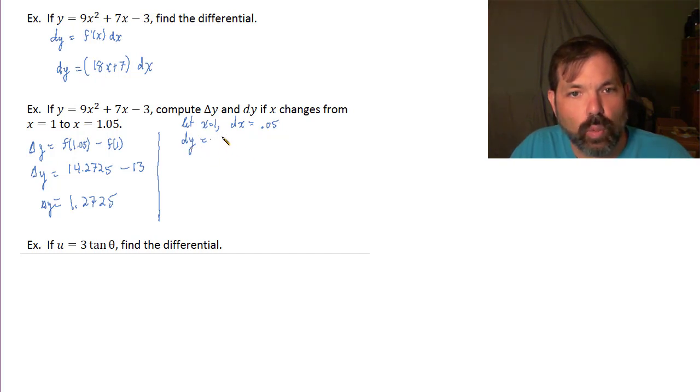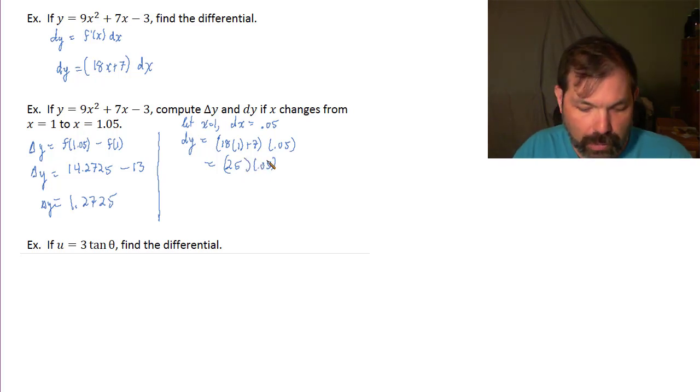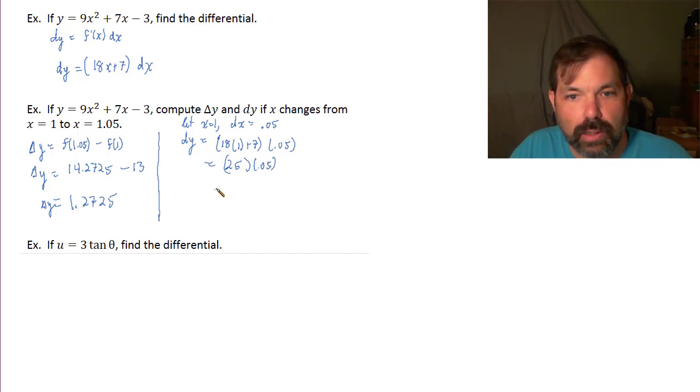Then dy would be f prime of x, so that would be 18 times 1 plus 7, times dx, which is 0.05. So that would be 25 times 0.05, and 25 times 0.05 is 1.25.